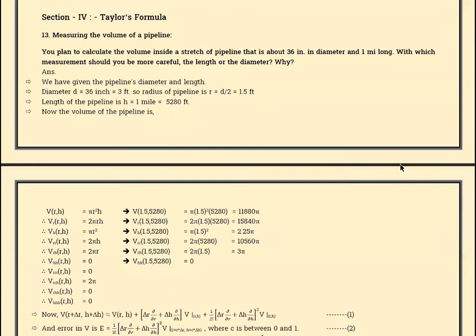In this question, by using Taylor's formula, we have to find out in which measurement the given volume varies quickly.